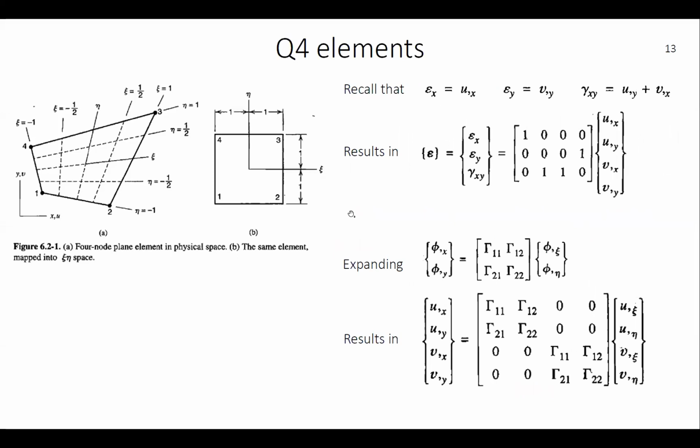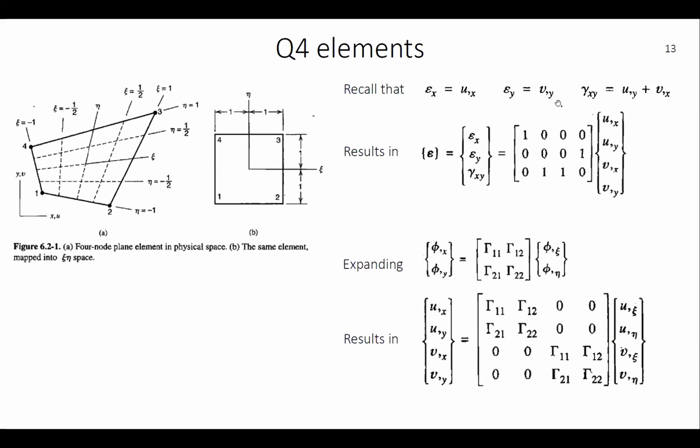So what we would like to do is further to calculate the B matrix. Obviously, we now have the Jacobian. We can also recall that in 2D plane stress or plane strain, the strain in the x direction is the derivative of the displacement in that direction.